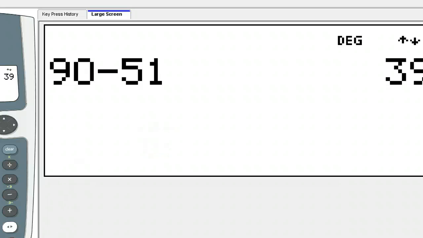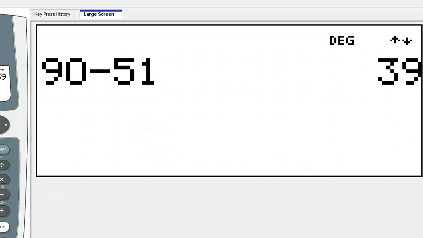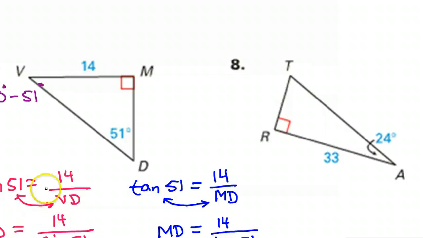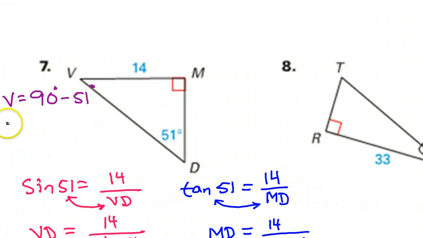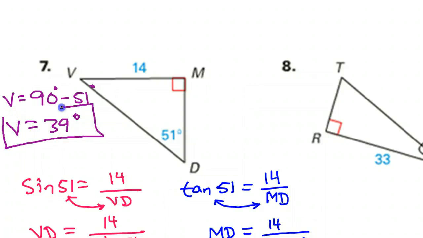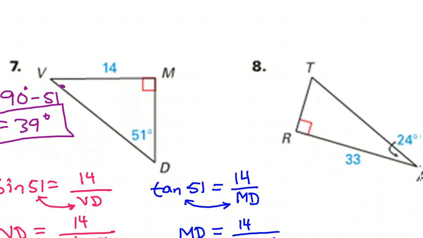All right, clearly that is 39 degrees. And that's all there is to it. So that is how you do number 7. Let's move on to number 8.